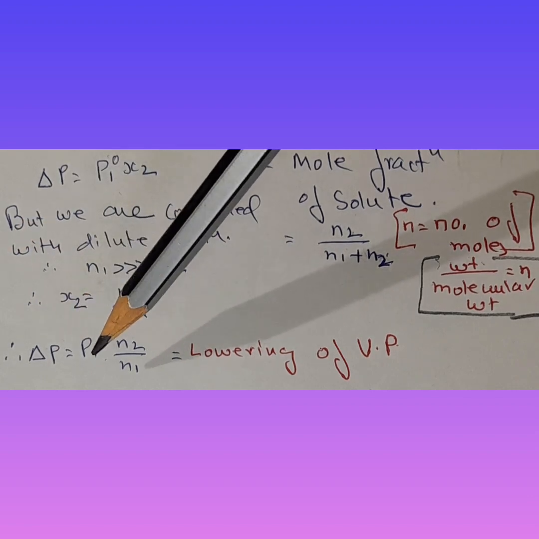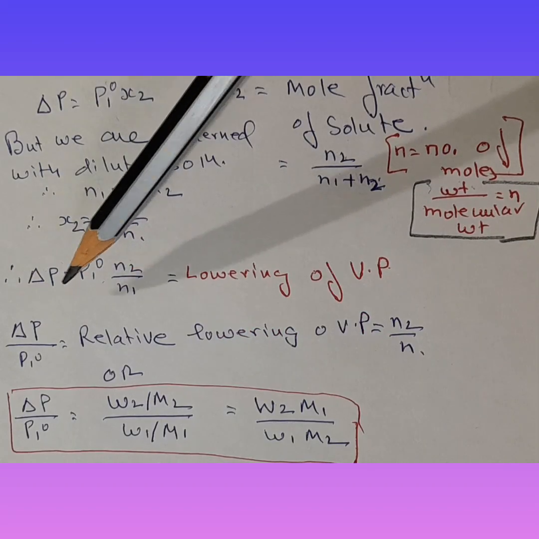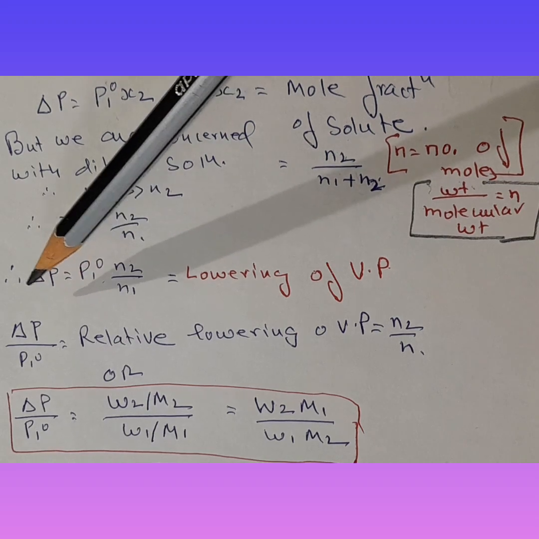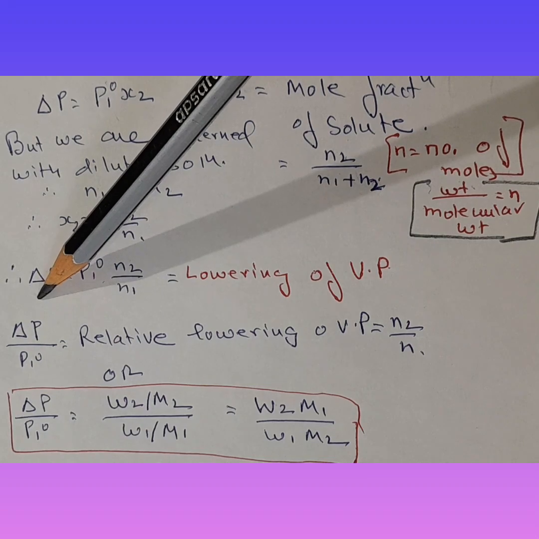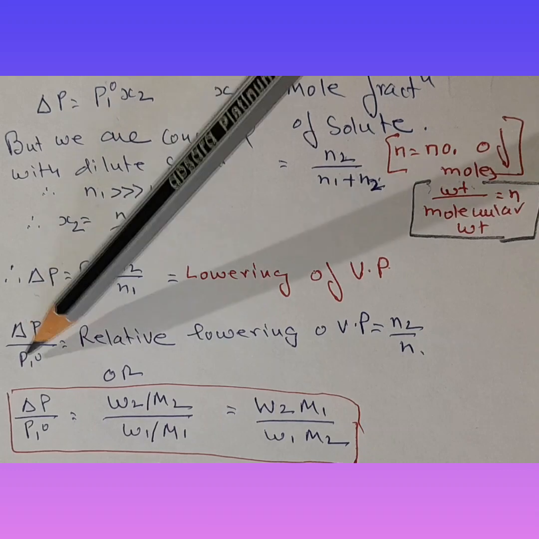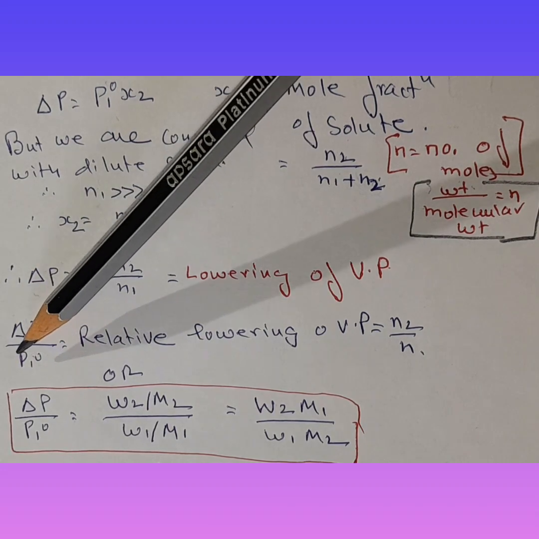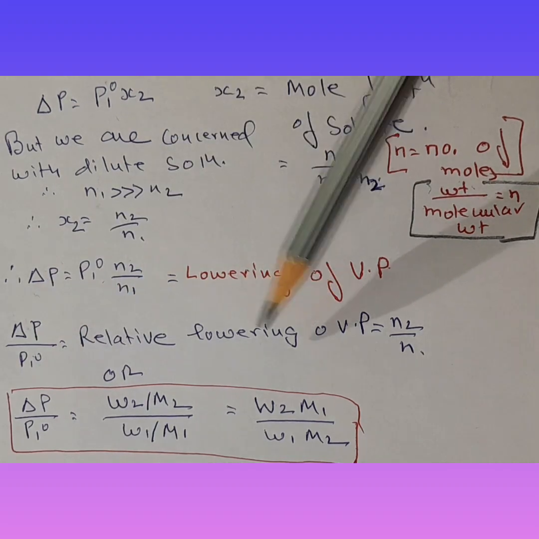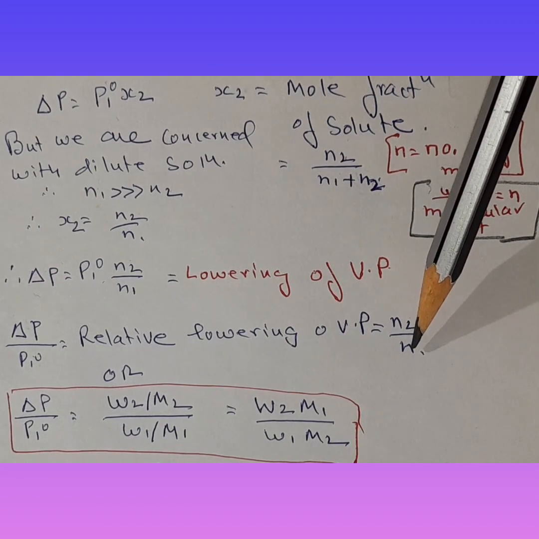I am interested in finding the relative lowering of vapor pressure. So you either divide both sides by P10, that is the vapor pressure of neat solvent, or take it down there, whichever way you call it. As soon as I take it down, when the lowering of vapor pressure is divided by the neat vapor pressure, it becomes the relative lowering of vapor pressure. So the formula for relative lowering of vapor pressure now becomes N2 over N1.